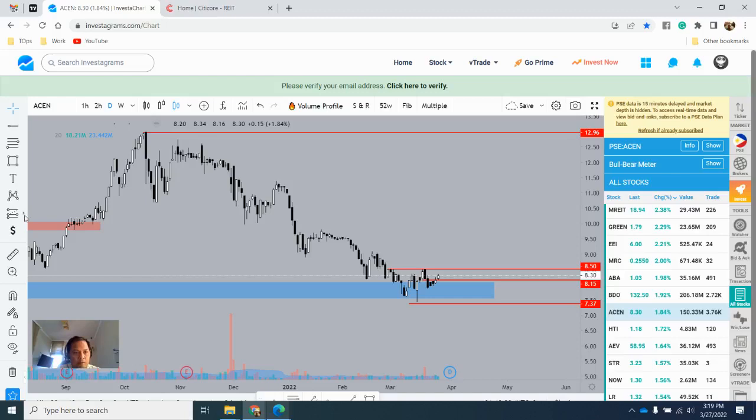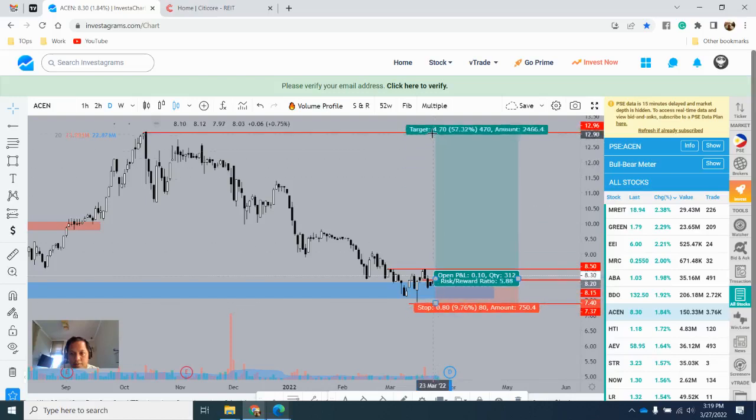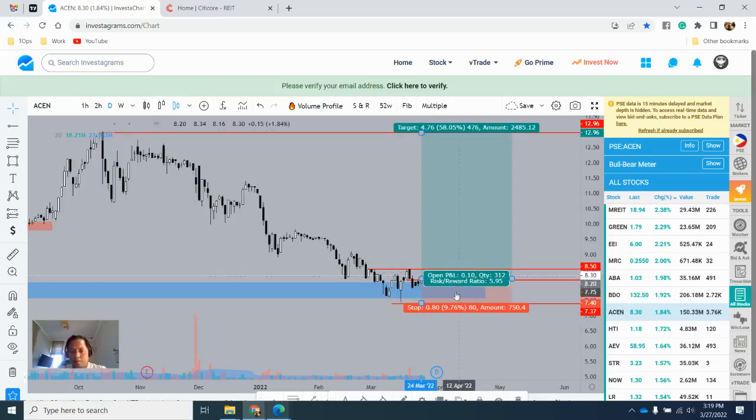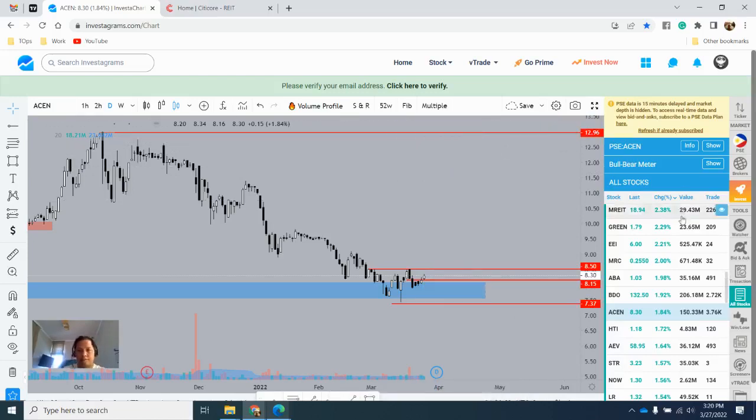If you measure the risk to reward from that stop loss to here, we are looking at a 5.95 risk to reward ratio. So let's say you lose 1,000 on this trade, but your possible reward is almost 6,000. That's quite attractive. Alright, so ACEN, don't forget that, guys.